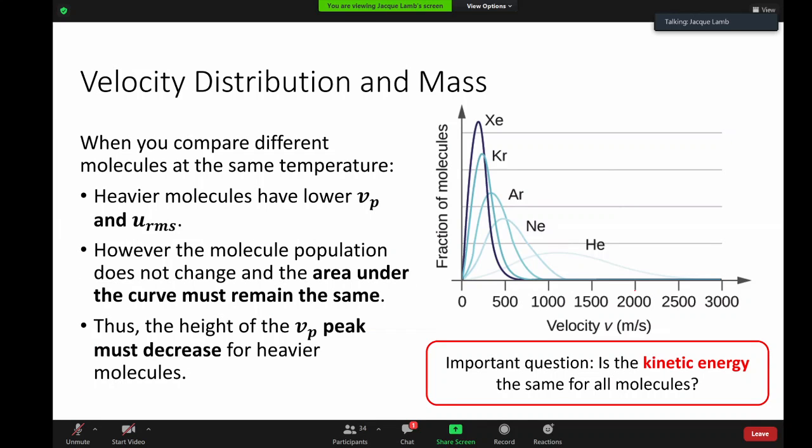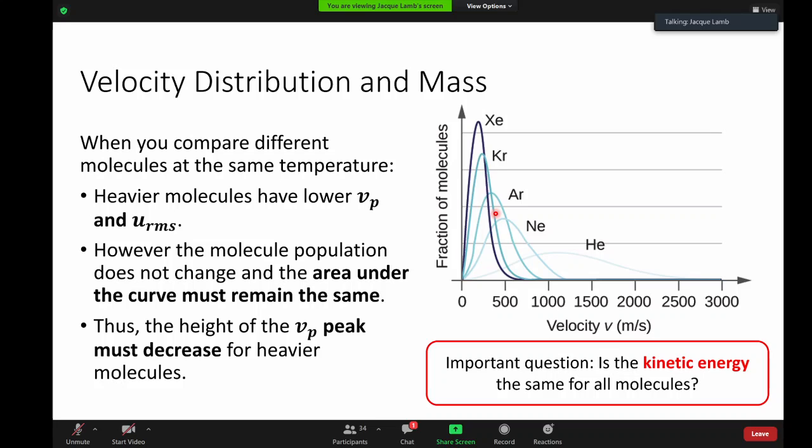When you look at the mass, this would be all measured at the same temperature, but we're measuring different gases. This is measuring different noble gases, all at the same temperature. Heavier molecules have a smaller peak and a lower root mean square speed. They are moving more slowly. However, the population doesn't change.